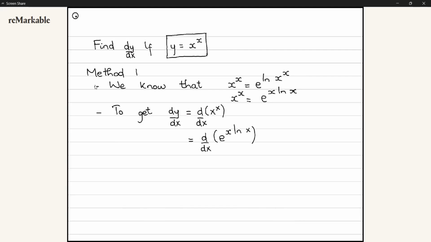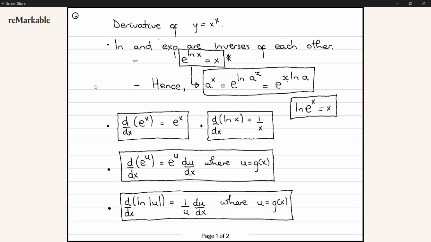Now, at least this looks familiar. At least I know how I can differentiate the natural exponential function, where the function on top is also dependent on x.